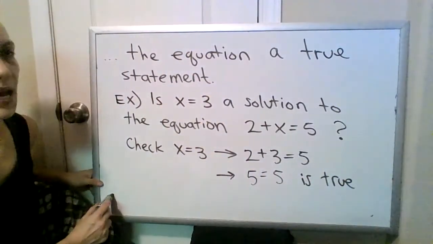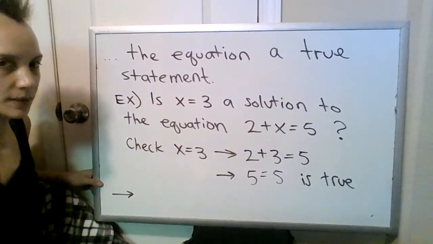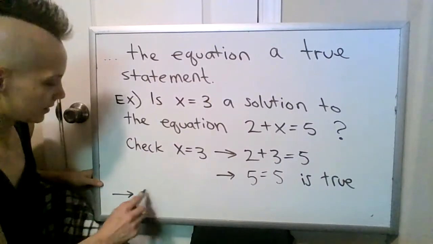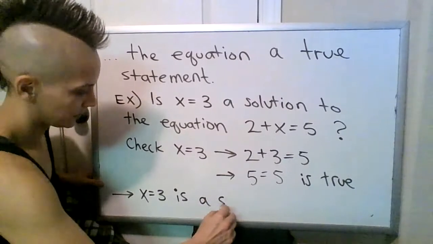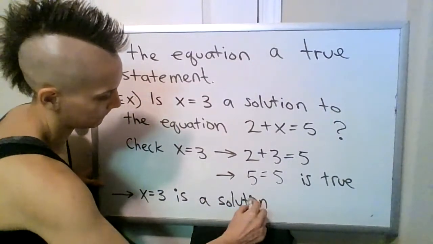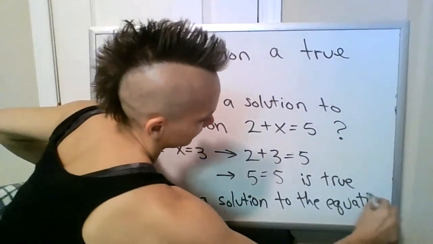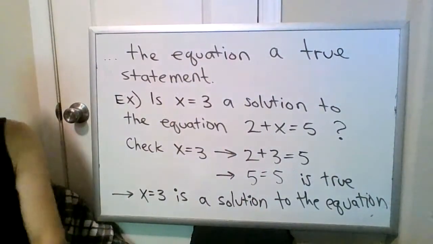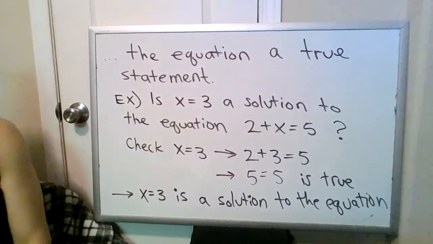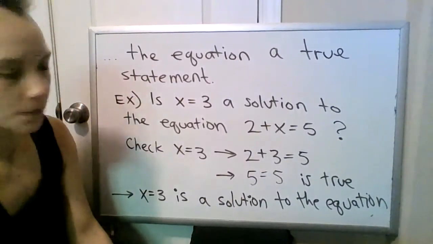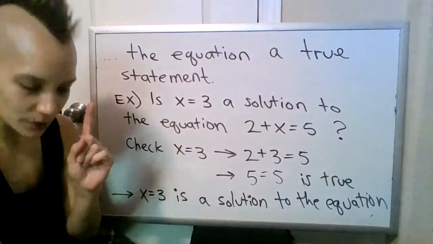So then x equals 3 is a solution to the equation. We're going to do another like this, where we're checking x equal to 0.